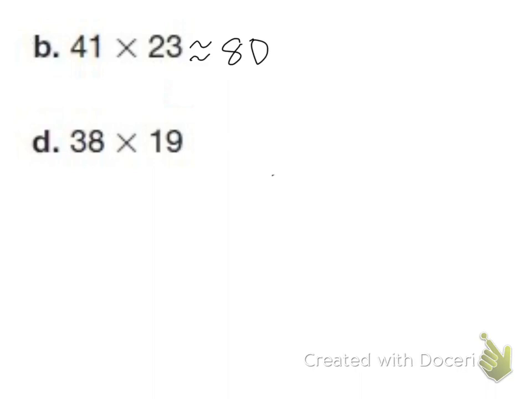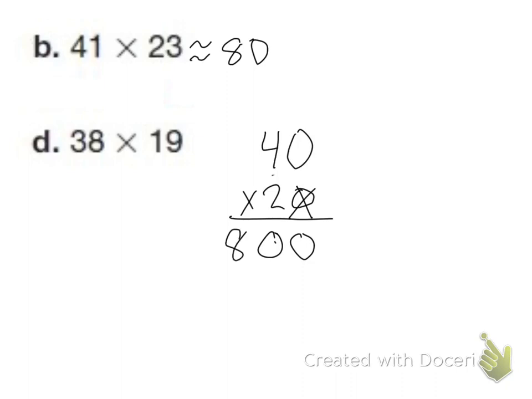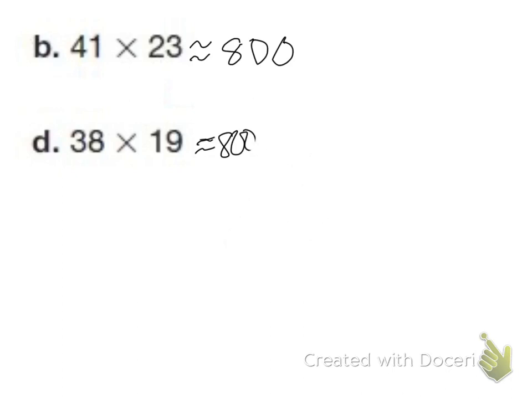38 and 19. We're rounding 38 up to 40 and 19 up to 20. Drop the 0 down and cross it off. 2 times 0 is 0. 2 times 4 is 8. So the answer is going to be 800, which was the same answer as the last one. So even though our estimates of these two numbers are the same, our actual answers would be different.